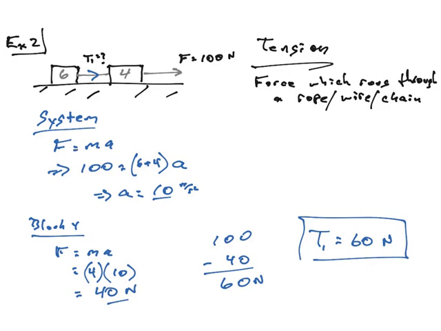In this case, I looked at 4. What's going on with 4? How much force does he need? F equals ma. His mass times his acceleration tells you how much force he's going to use. From there, you say, what force was he given? In this case, he was given 100. How much does he use? 40. 60 is left over, so the tension in his rope must be 60.